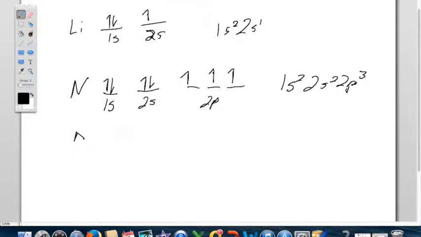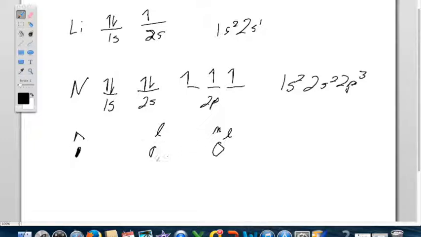Remember, you have n values, you have L values, and you have m sub L values. Okay, you also have m sub S values, but let's just look at these. If you have an n of 1, that means we're talking about the first shell. The n equals 1 has an L value of 0. An L value of 0 has an m sub L value of 0.